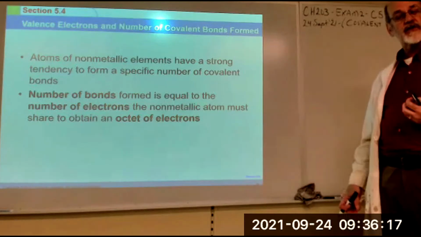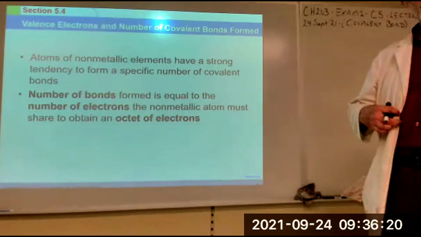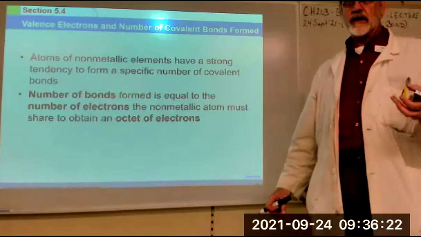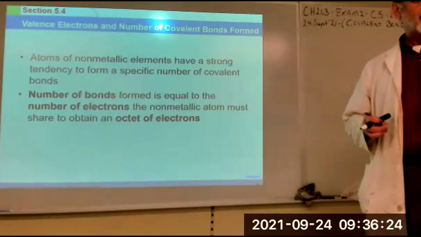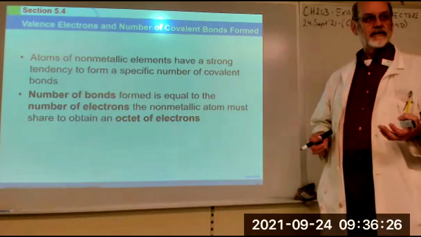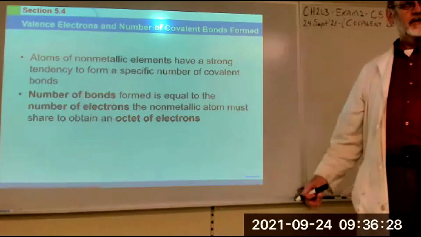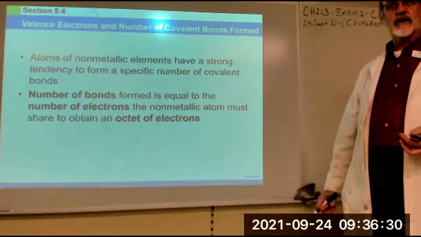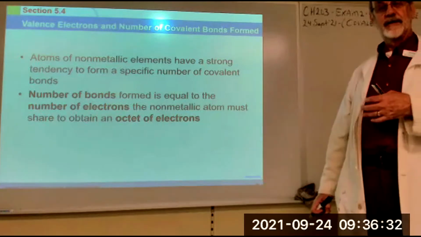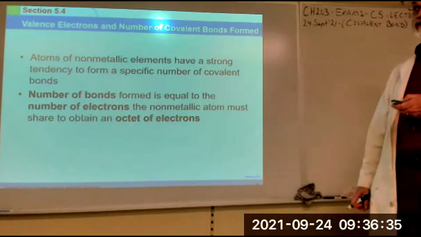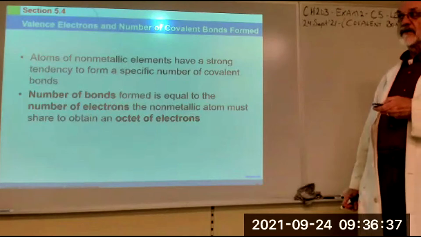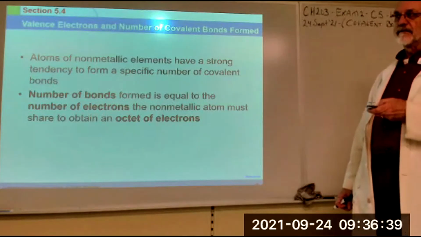They're dragging electrons to themselves. If you try to put two of them together, what's the advantage there? The only option they have is to share. If they don't share, then there's no bond because nobody's going to give up all their valence electrons to the other one. So sharing is the only option you have if you're trying to bond non-metal to non-metal.